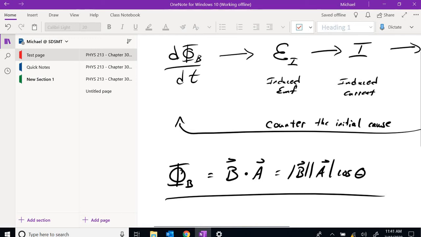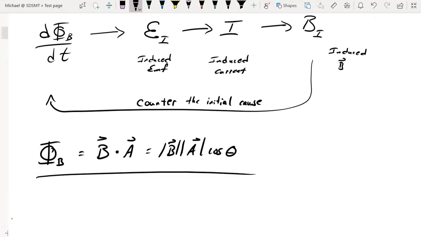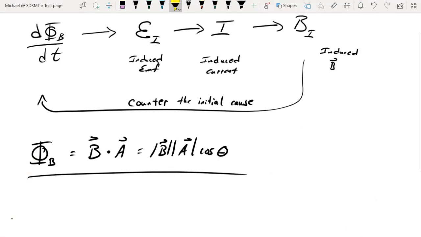And this counter effect has to happen, otherwise the only alternative to countering the effect is to compound the effect. And we cannot have a changing magnetic flux generate an induced EMF that will cause an induced current that will create an induced magnetic field that will continue to strengthen the change of the original magnetic flux in the system.